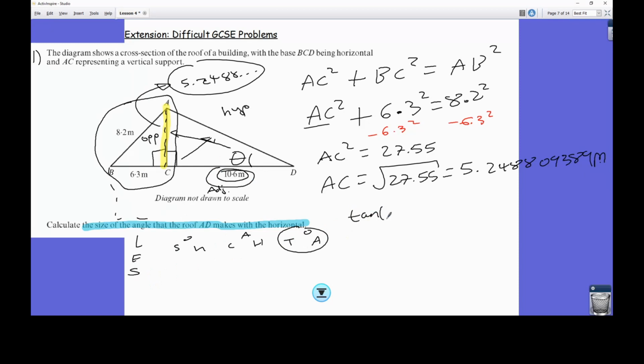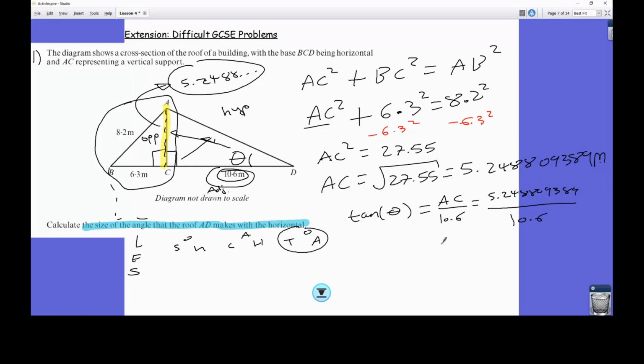So tan theta equals opposite, which is AC, over the adjacent, which is 10.6. So I can just substitute in AC, so I have 5.248809389 over 10.6.